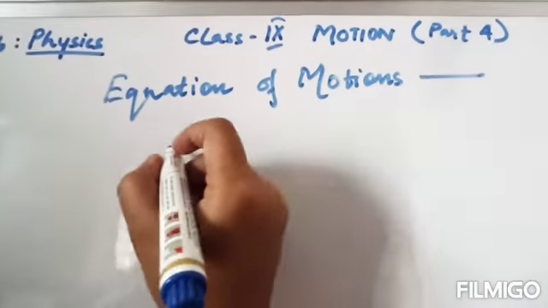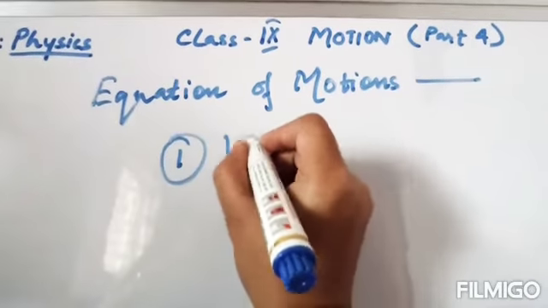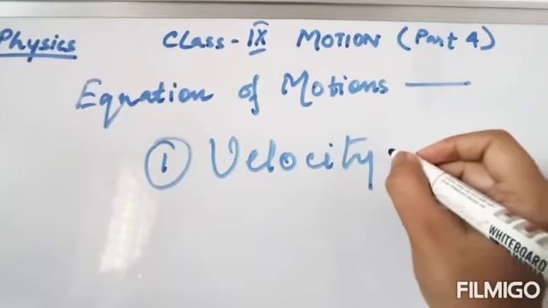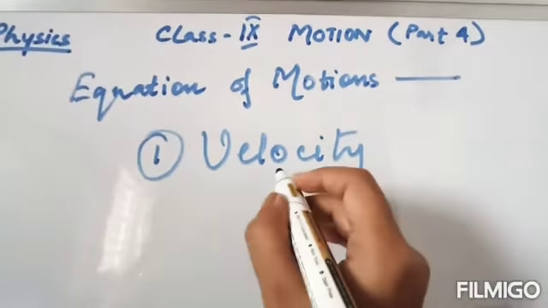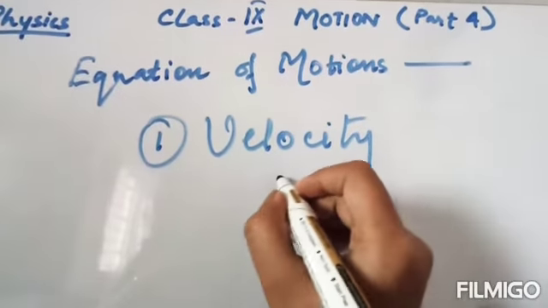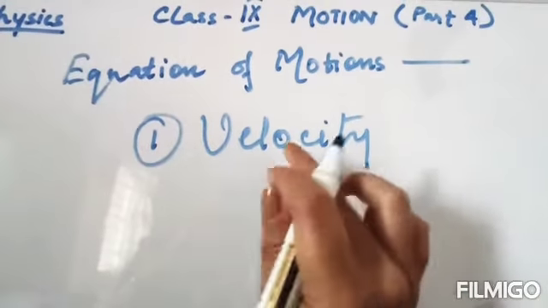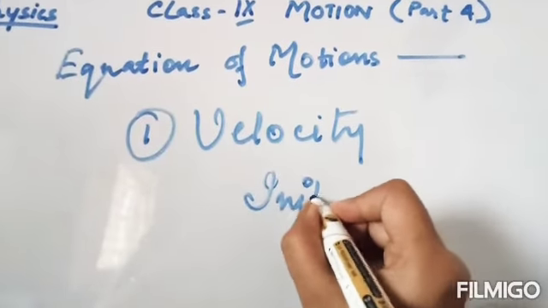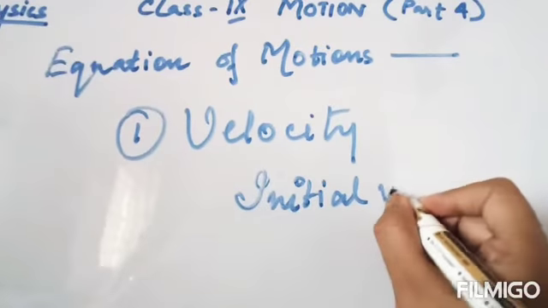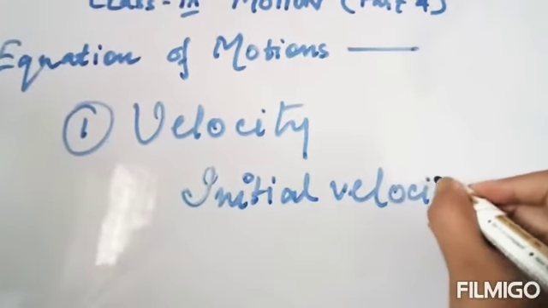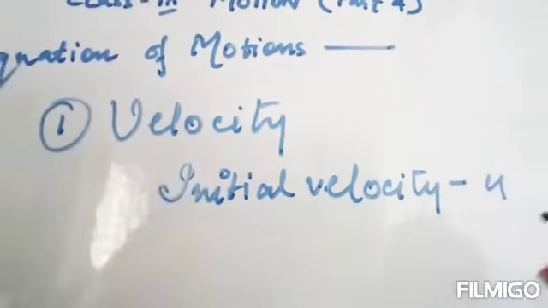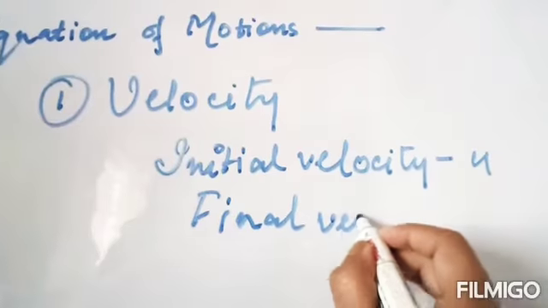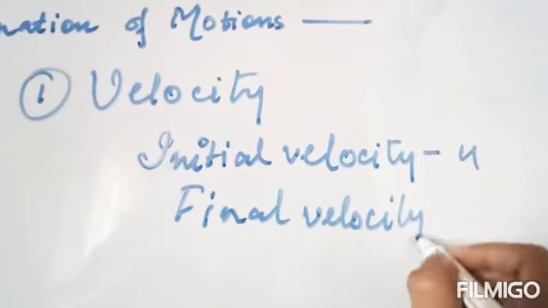First, velocity. Under velocity we have initial velocity, which is denoted by u, and final velocity, which is denoted by v.